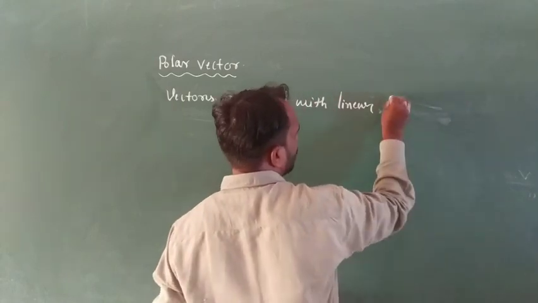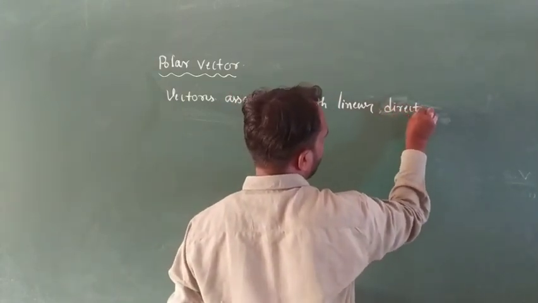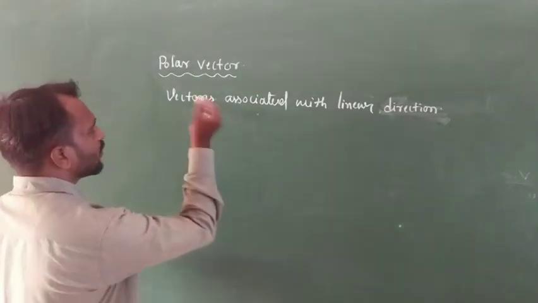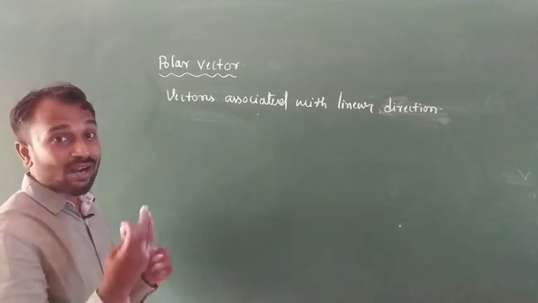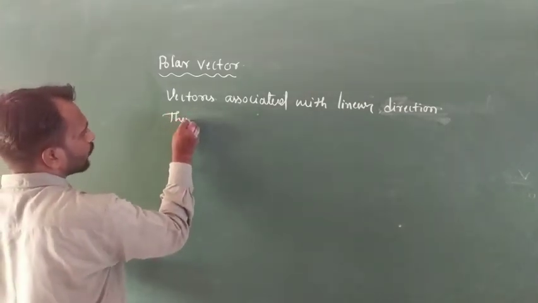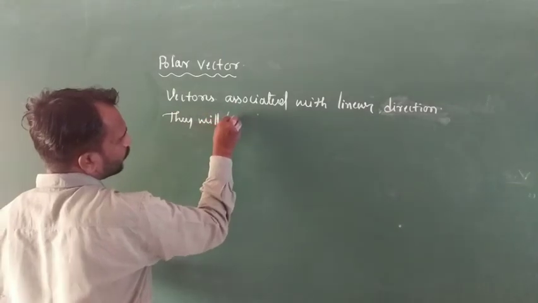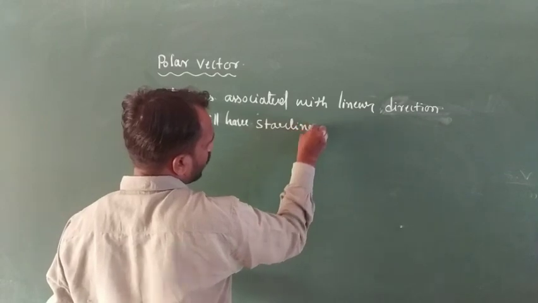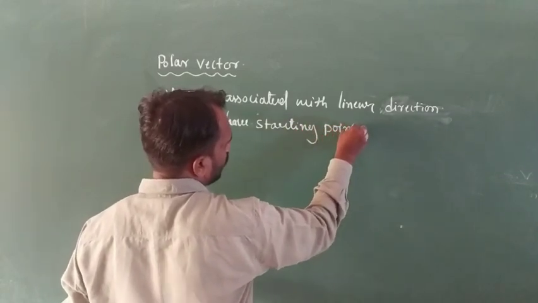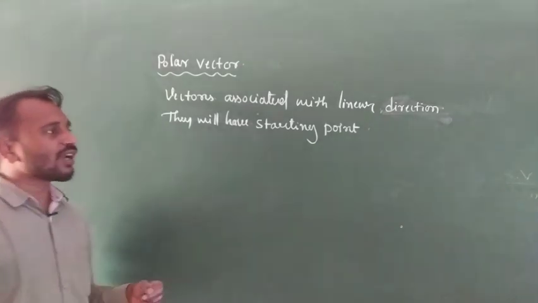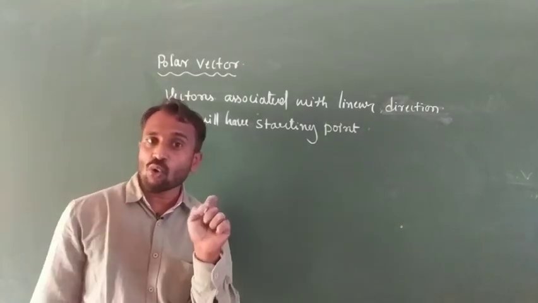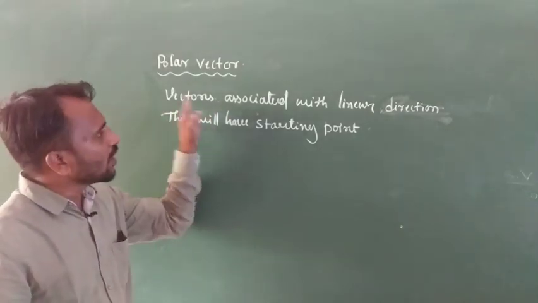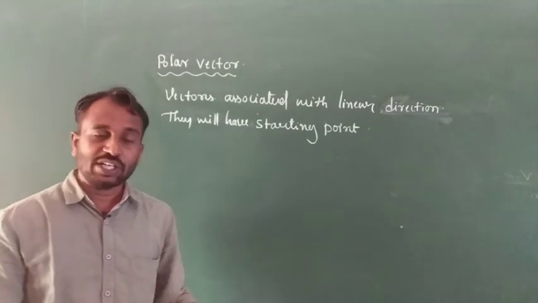These vectors have an initial starting point. These vectors do not change even with the coordinate system. So polar vectors are associated with a linear direction, which means a single direction.